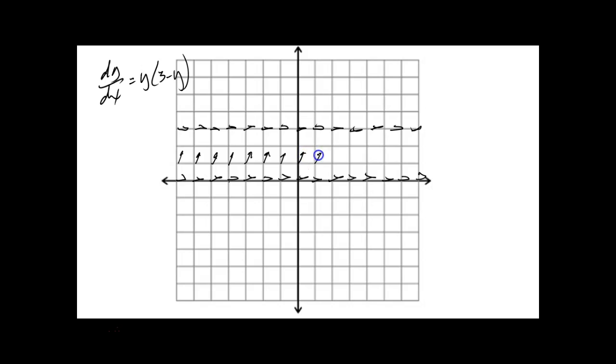When y is equal to 2, you have a slope of 2. See? 3 minus 2 is 1 times 2. So you have the same slope here as below. Okay?